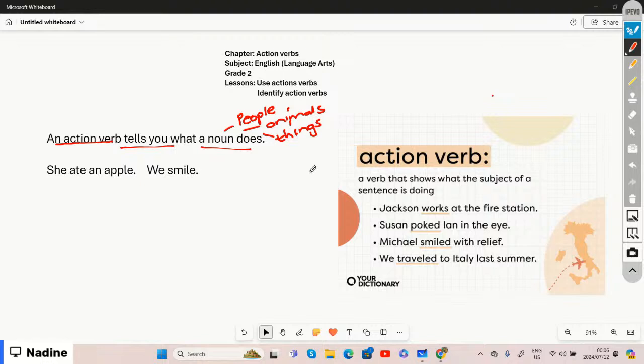For example, it says she ate an apple. So now we need to ask ourselves, what is she doing? And then we say she ate. So ate is our verb. Another one says we smile.